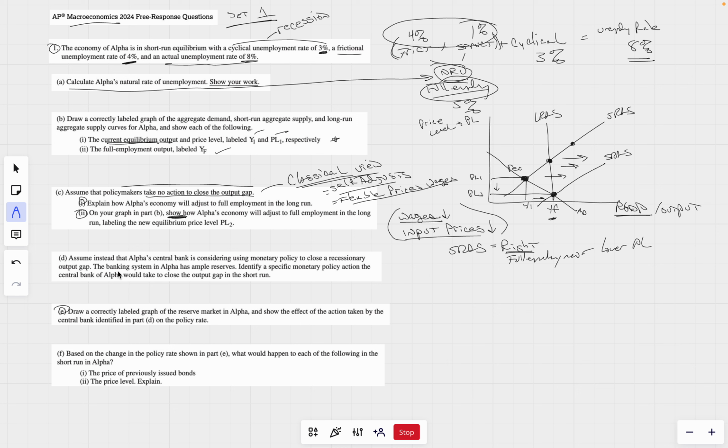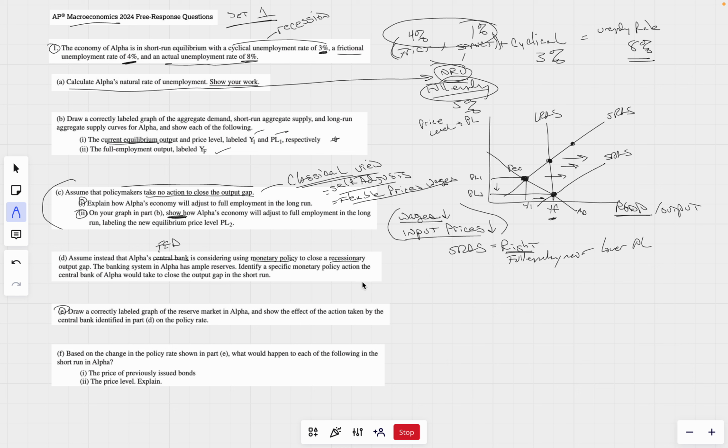D, assume instead that Alpha's central bank, anytime we say central bank, we're talking about the Federal Reserve or we're talking about monetary policy, wants to close a recessionary output gap. Instead of there being no monetary policy and the economy fixing itself, now we've flipped to the Fed wanting to fix this recession.